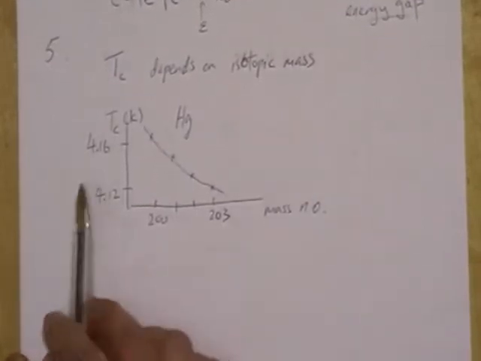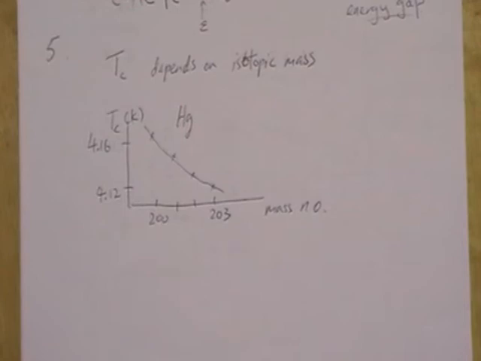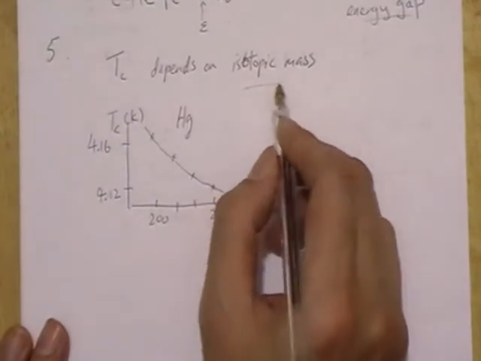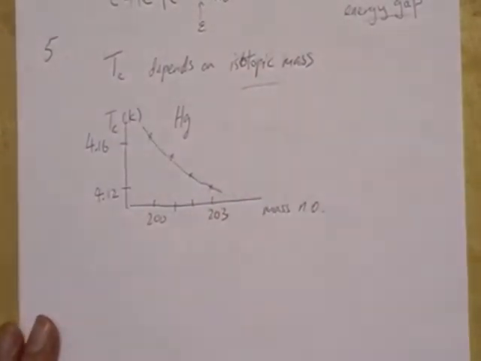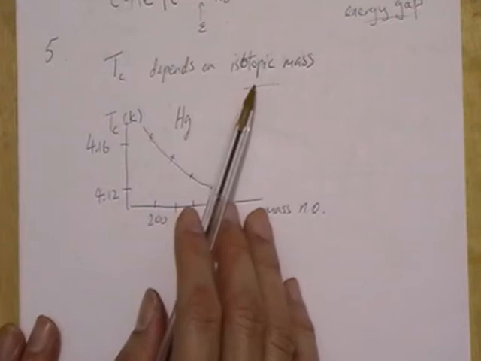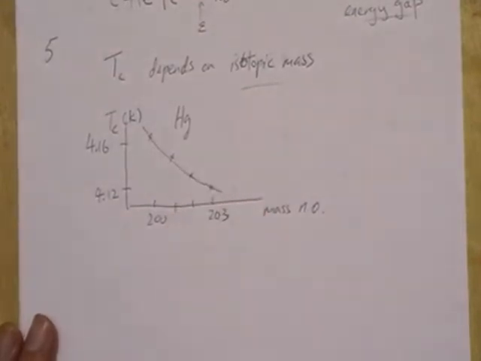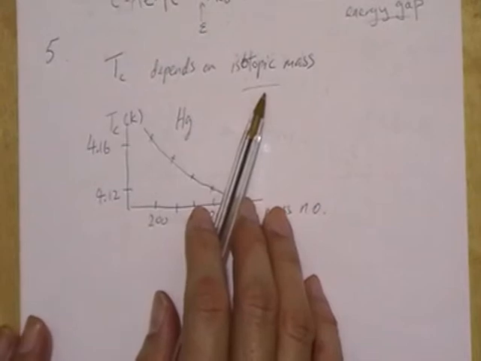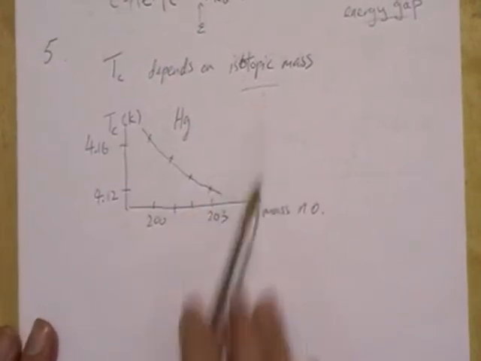And it is this last result here which suggested that superconductivity might have something to do with the vibration of the atoms. Because how else could the transition temperature depend on the isotopic mass if it is not because the masses are somehow moving and perhaps colliding with the electrons.